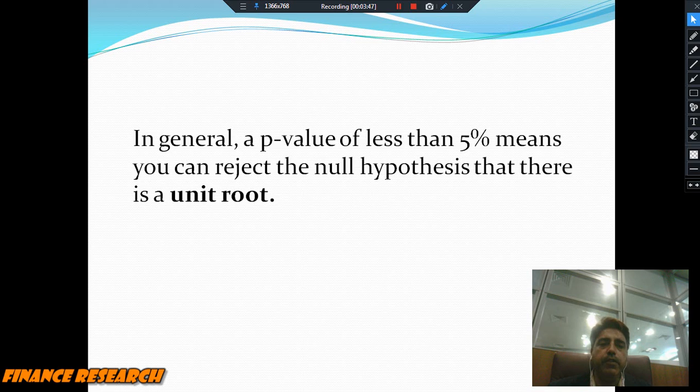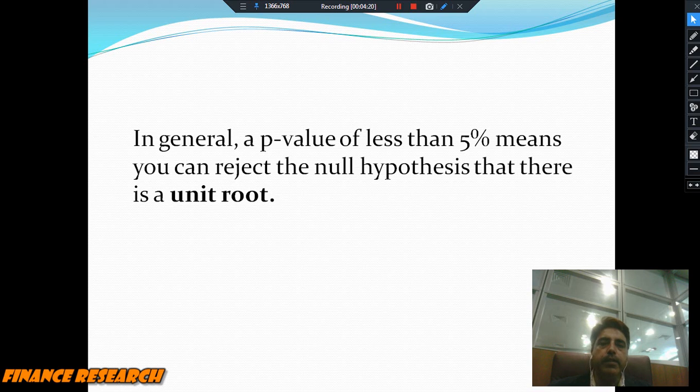Usually researchers, basically I, use the augmented Dickey-Fuller test while using EViews, some advanced version, or some use the Schwarz criteria, or some researchers use different criteria, but I prefer the ADF, which is known as the augmented Dickey-Fuller test, at the 5% level of significance. If the p-value is found to be less than 5%, we will reject the null hypothesis and conclude that there is no unit root.